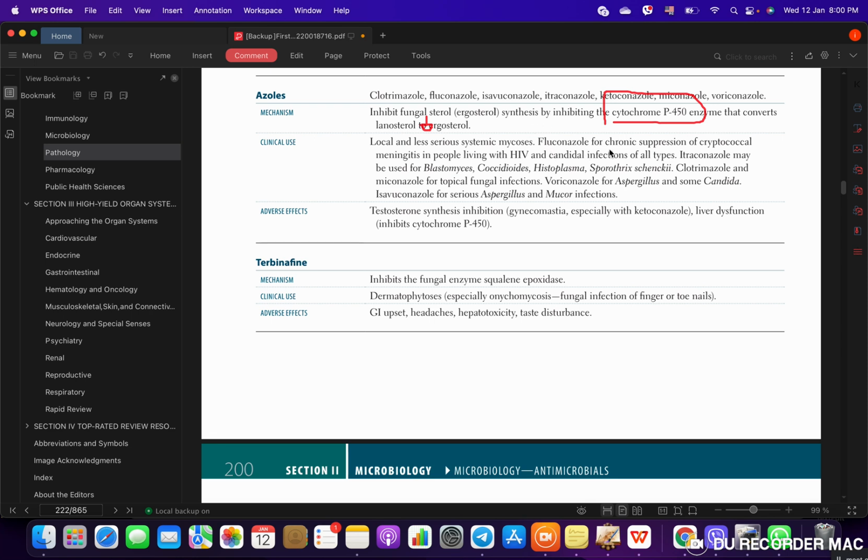So, fluconazole is for chronic suppression of cryptococcal meningitis in people living with HIV, and candidal infection of all types. So let me do this for you. If someone has cryptococcal meningitis, what treatment are you going to give him?